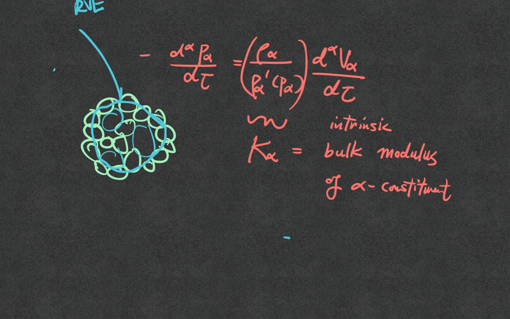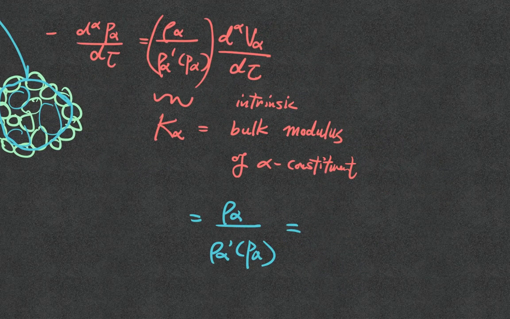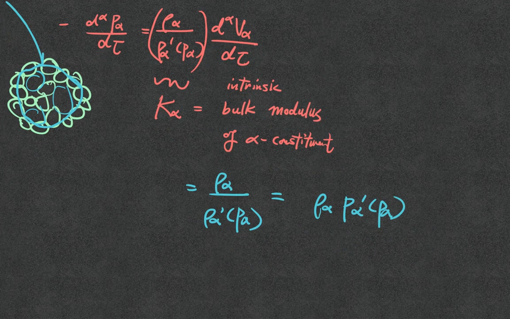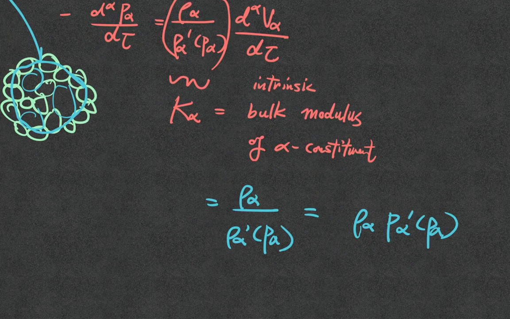Now this bulk modulus is actually, let me write this down. This is related to the density divided by the change of the density for the barotropic flow, and it's actually also equal to the density times the change of the pressure per change of density here.